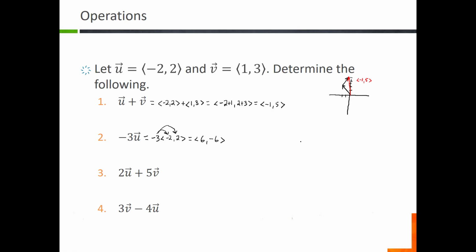And again, we'll look at this one real quick visually as well. Vector u is negative 2, 2. So we go over 2, and we go up 2. So vector u goes this way. Okay? So negative 3 times u, that means it's going to be 3 times as long, but it's going to point in the opposite direction.